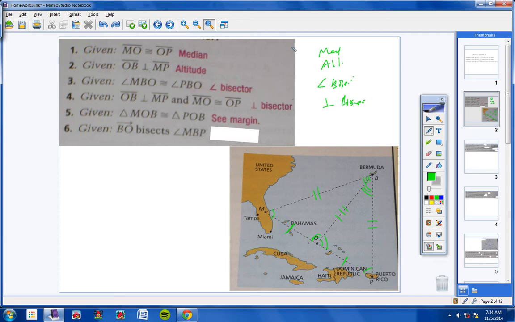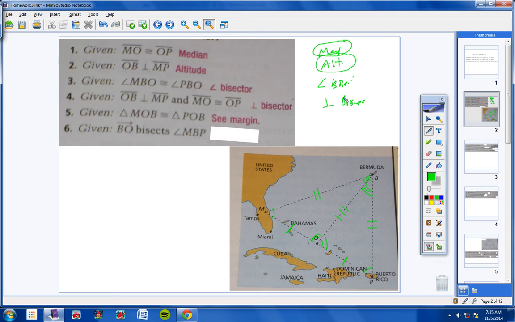So it's a median. Now an altitude has to run from a vertex in such a way that it's perpendicular to the other side. Well, Mr. Error, we don't know these two angles are perpendicular. Yes, we do. Guys, we have a straight line here, so we know these two angles together have to add up to 180. And they're congruent. So if they're congruent and add up to 180, that's 90 and 90. So sure, we know they're 90 definitely. So yes, it's also an altitude.